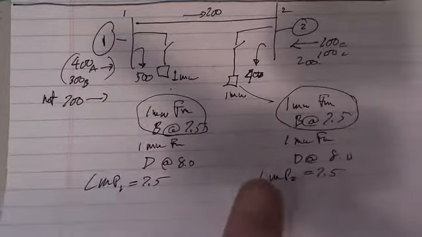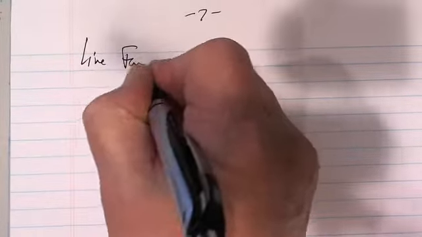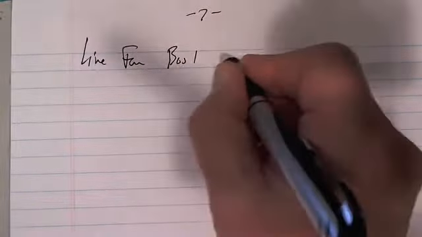All right, now I'm going to throw one more complexity into this problem. A line from bus 1 to bus 2 has a max of 100 megawatts. This now greatly complicates this problem.